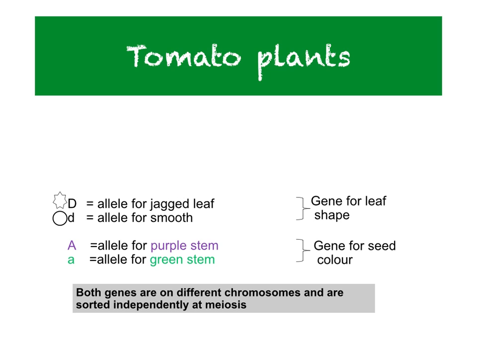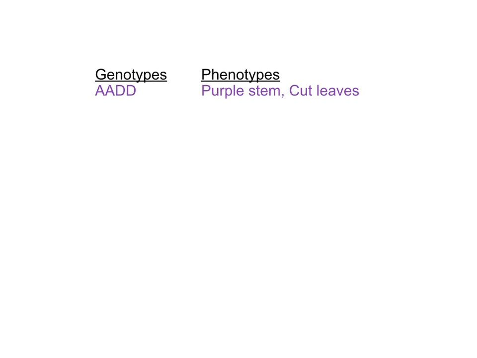Okay, so both genes are on different chromosomes and are sorted independently at meiosis, what we've just discussed. So the genotypes are going to result in different phenotypes. Having a look at these different genotypes, this is the phenotype that you'll get.